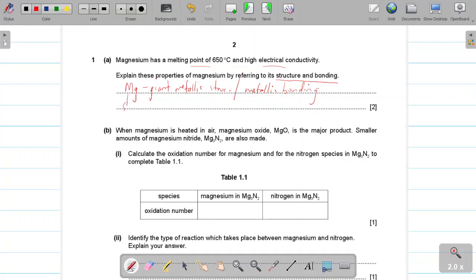So strong metallic bonds account for the high melting point, and the high electrical conductivity is due to the presence of delocalized electrons that are free to move throughout the structure. So pretty straightforward.